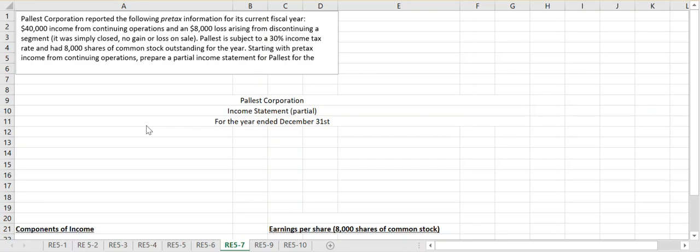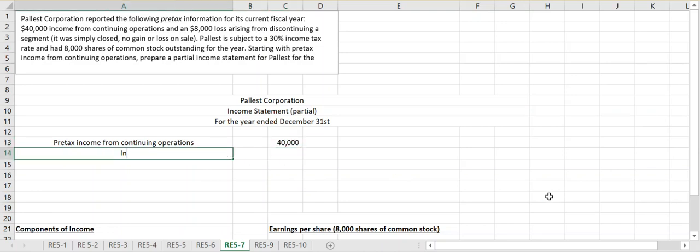So again, they want us to start with the pre-tax income from continuing operations and then do our lower portion of our income statement. So we have our pre-tax income from continuing operations, and they told us our pre-tax income was $40,000.